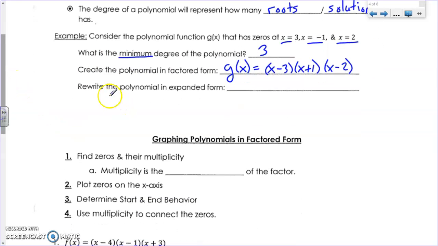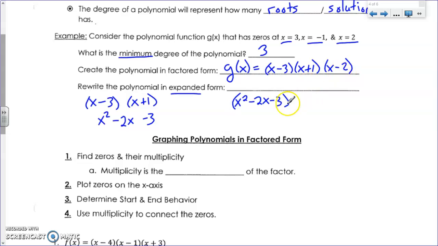If we're going to expand that, expanded form means we're going to expand this into standard form. We have x minus 3 times x plus 1. That would give me x squared, negative 3 plus 1 is negative 2x. Then we multiply it by the last factor, x minus 2.